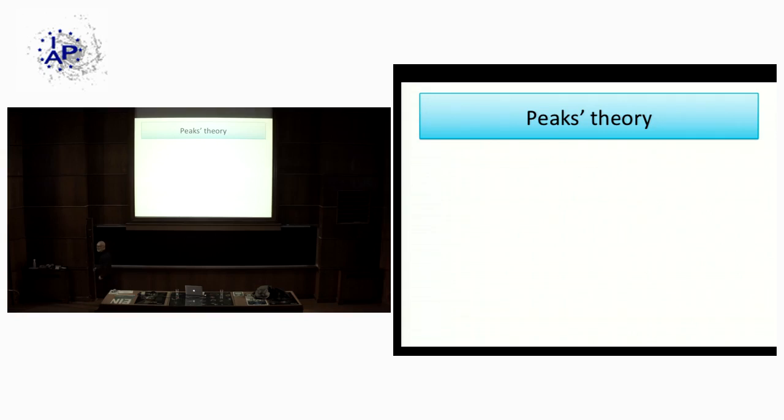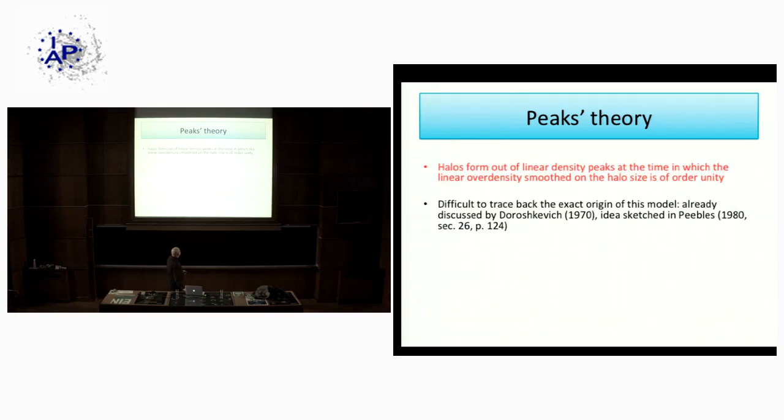I tried to dig back in the literature to find out where this started, and found that it's quite difficult. What I found, maybe Nick knows more, is that it was already discussed in an old paper by Doroshkevich in the 70s.